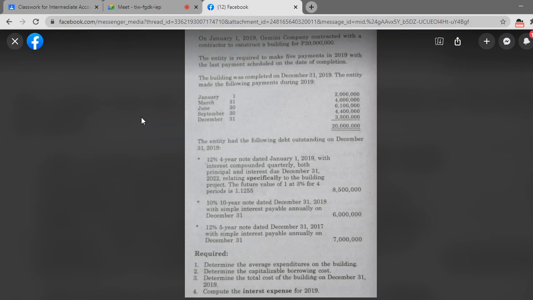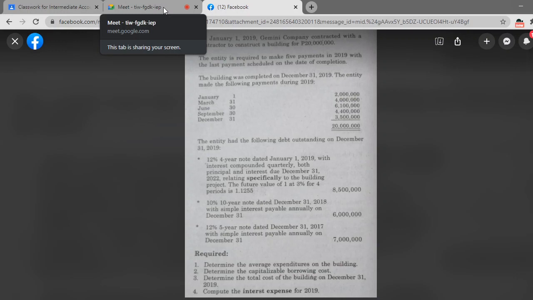If you want, you could compute it manually, if you still remember how to compute the interest if compounded annually, or in this case quarterly. But thank God, binigyan tayo ng 1.1255. So, it would be easy for us to compute the interest. And I think that's the only thing new in this problem.